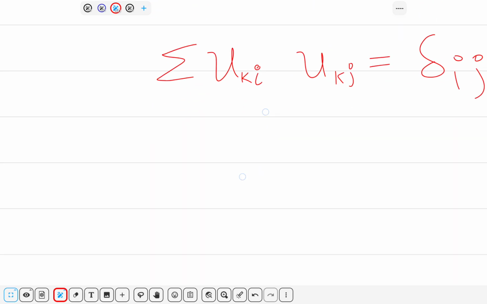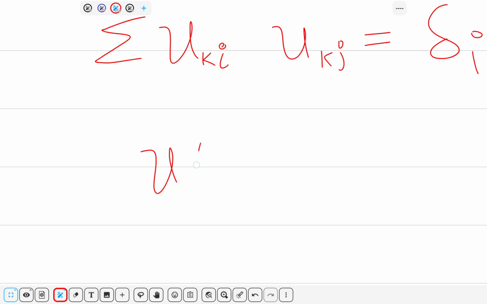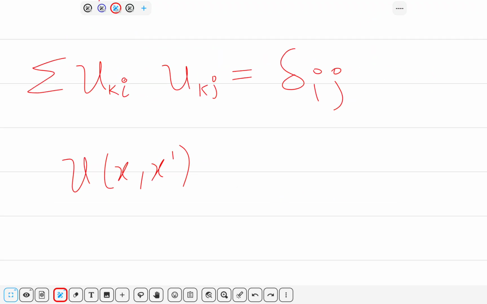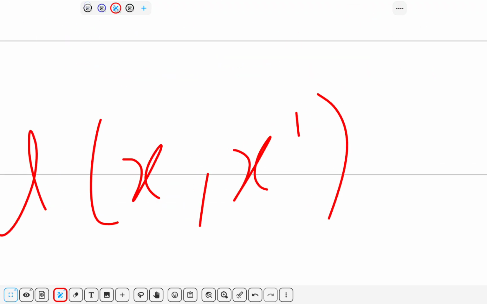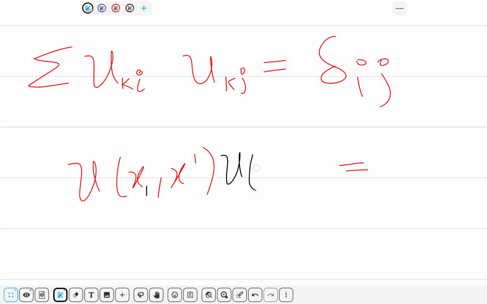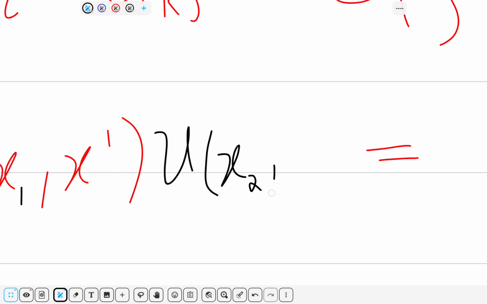I can do the same thing here. So I just have this unitary matrix, and I will multiply this with, so let's do this. Let's say I have some point here, some position, and I multiply this to some other position.